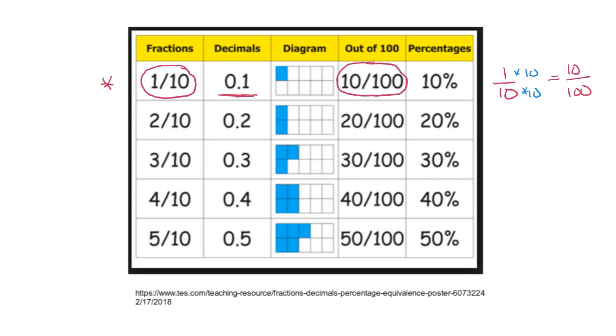So whenever you have the denominator as a 100, the numerator, or the number on top, the 10, is the percent. So 10%. The 20 over 100, so this is 20%. 30 over 100, so this is 30%. As long as the denominator is 100, the number in the numerator is the percent value.